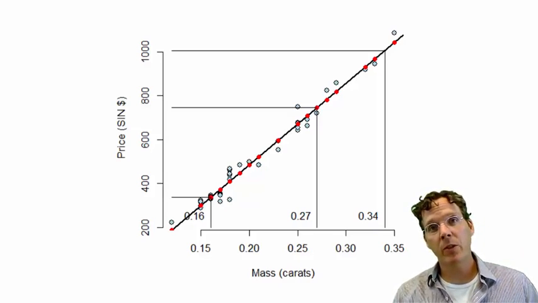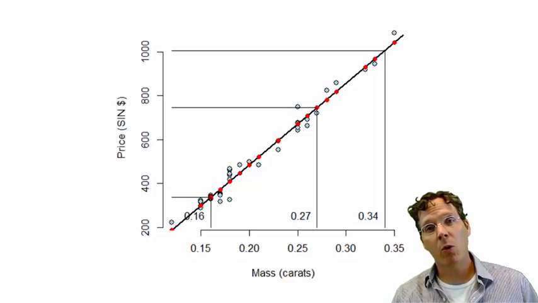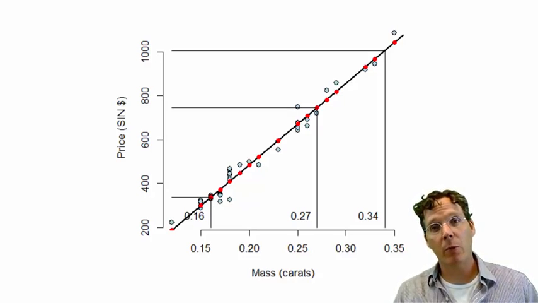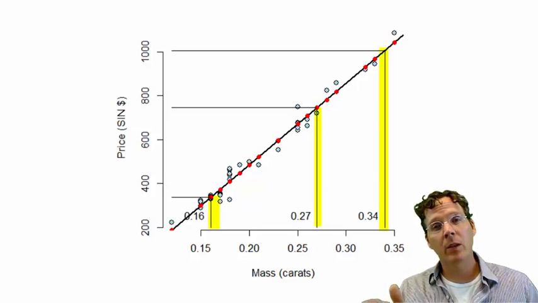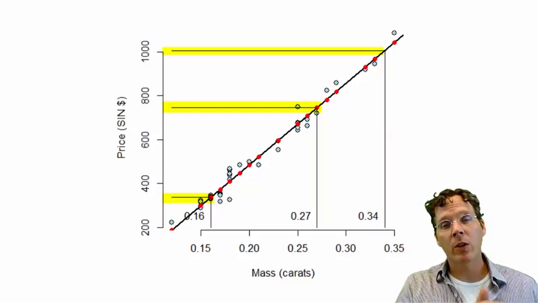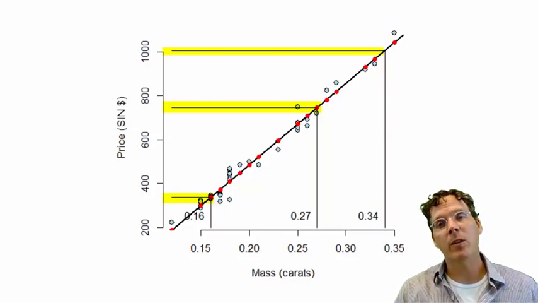When we predicted a new value of x, what we're doing is we're finding a point along this horizontal axis. Here I'm giving the 3 values that we want, 0.16, 0.27, and 0.34. We're drawing a line up to the fitted regression line and then over to dollars, and those are our predicted dollar amounts.